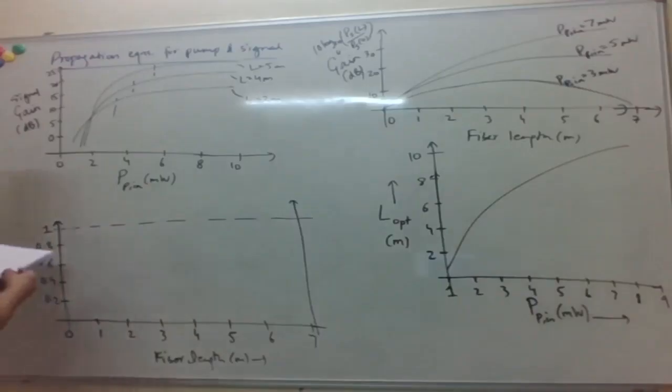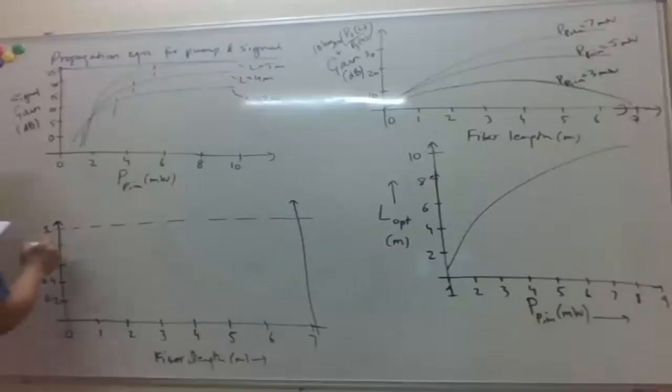For example, the number of atoms in the ground state N1. Or maybe let's start with what we've already seen.